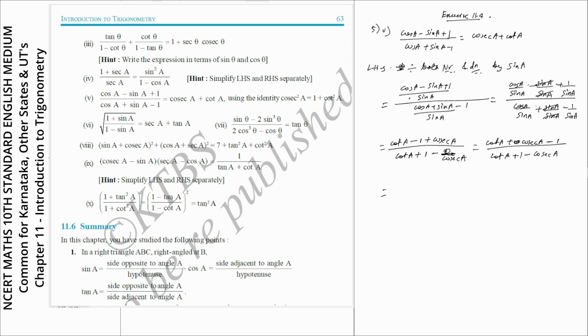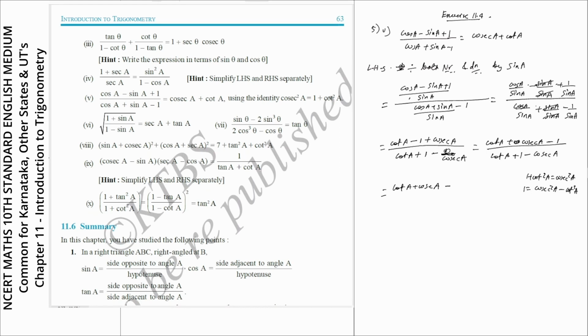Okay, now this is equal to cot a plus cosecant a. Now here minus 1 I can write as, what is 1 plus cot square a? 1 plus cot square a is equal to cosecant square a, or 1 is equal to cosecant square a minus cot square a.